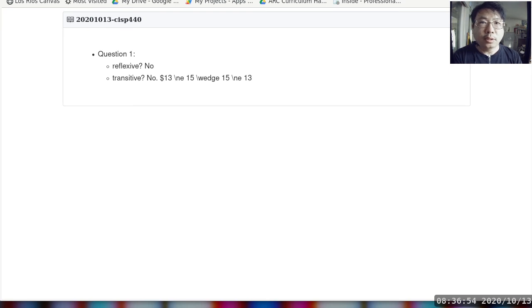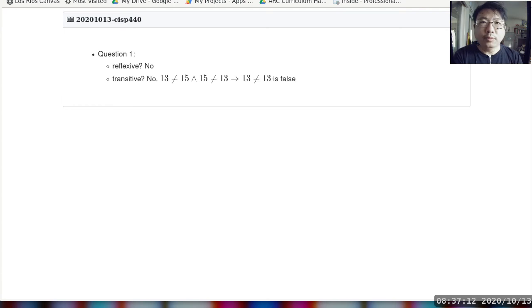Both of these are true, but it does not imply, so this is going to be a right arrow, 13 not equal to 13. This entire thing is false.